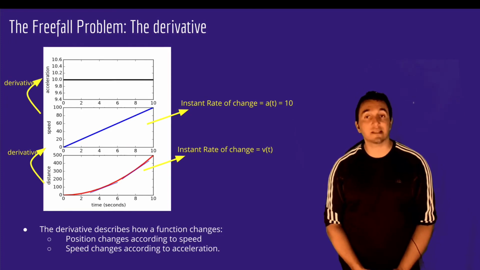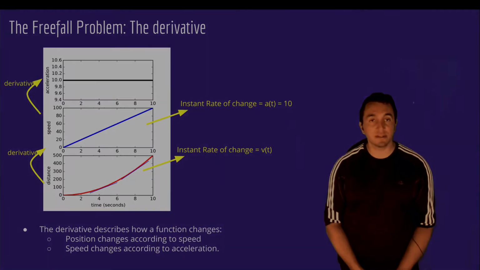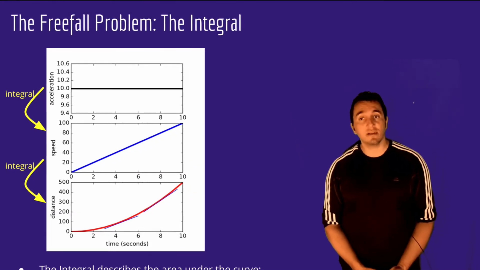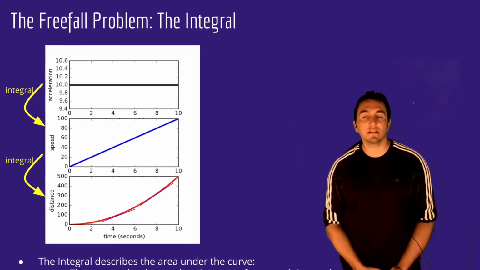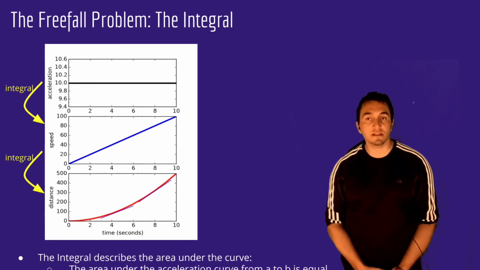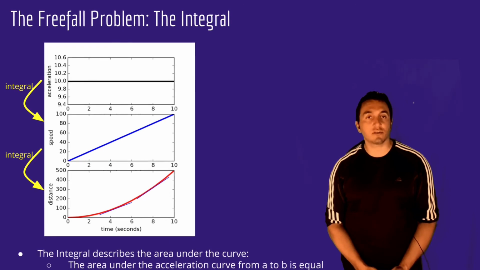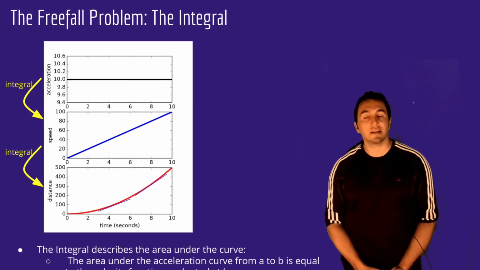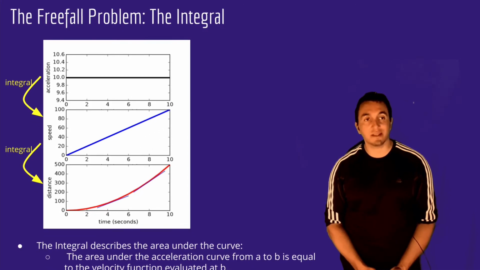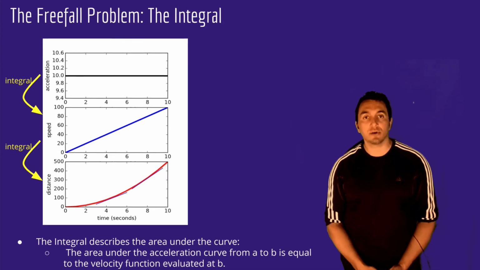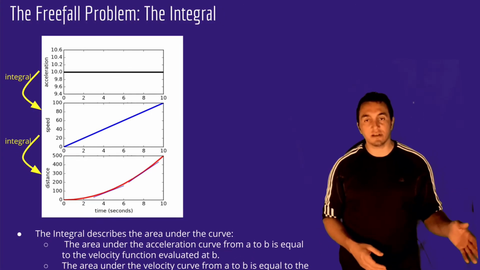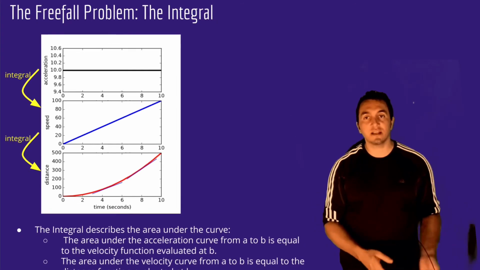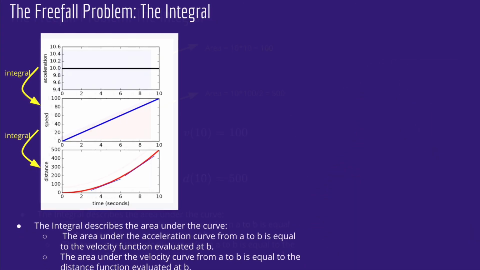It's just acceleration. Or going backwards, the integral of the function that describes the acceleration is the function that describes the velocity, and the function that describes the velocity has an integral that is the function that describes the distance traveled. So we see that there's this nice relationship between acceleration and velocity and distance.